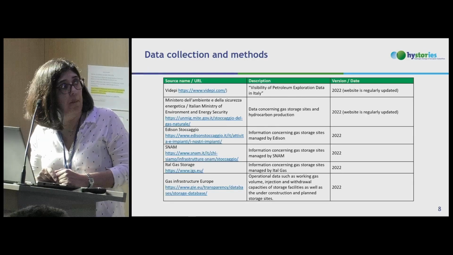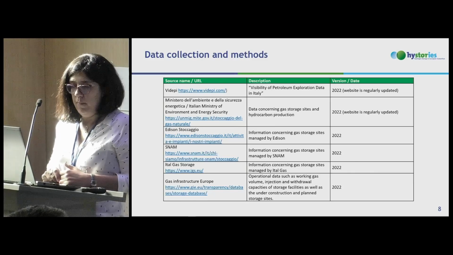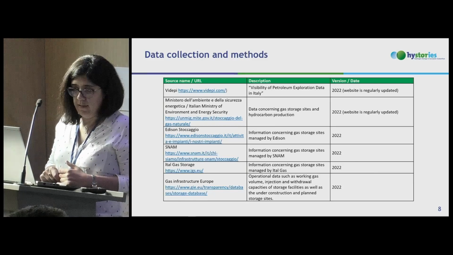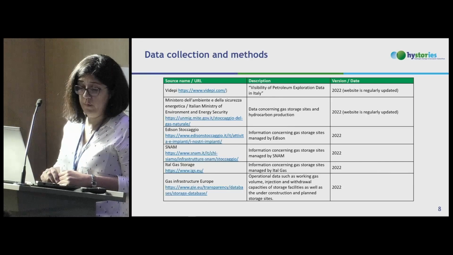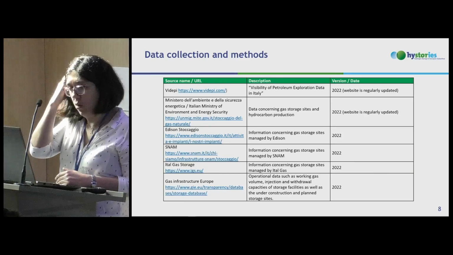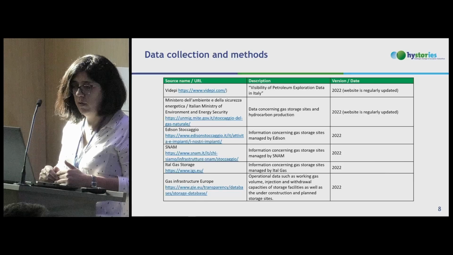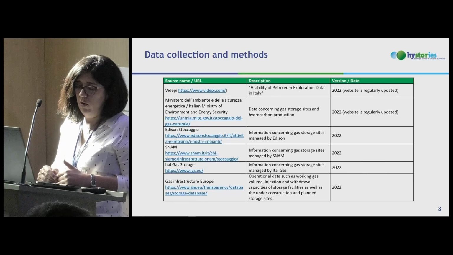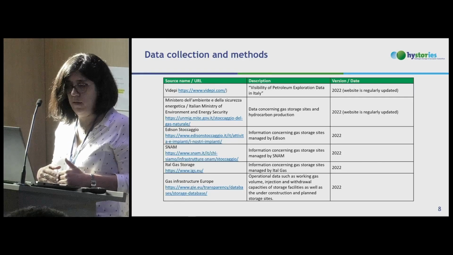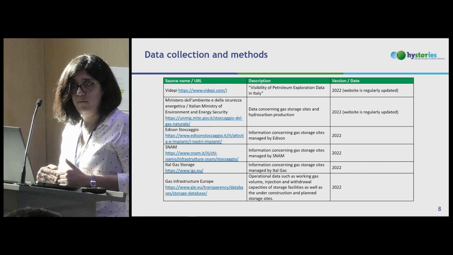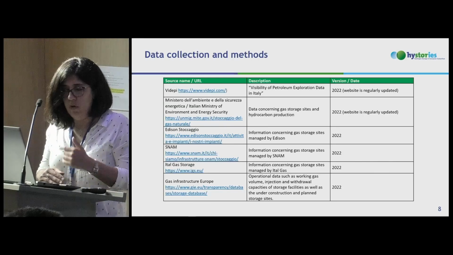Here is just a brief summary of the main sources we used. So the VIDEPI database, the Italian Ministry of the Environment and Energy Security, and we also have some information from oil and gas storage companies. In particular, we have Edison Stoccaggio, Snam, Italgas Storage, for example, that also give information to the government, but also publish some useful information on their websites, such as the number of drilled wells, the area, the volume extracted, and so on.